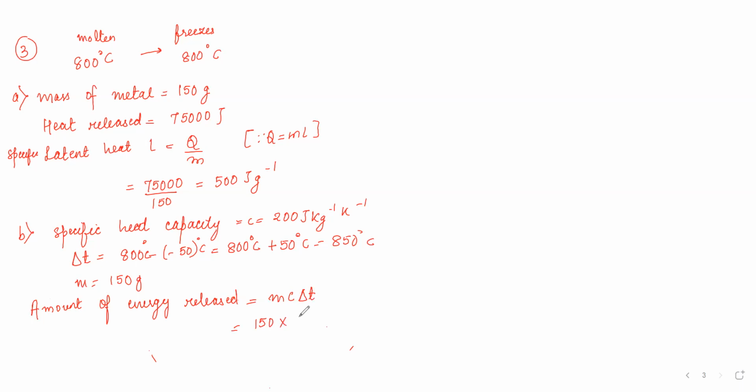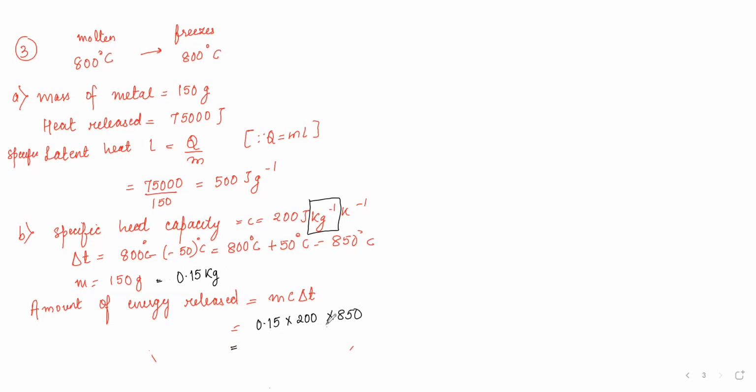Okay children, here you need to see that the specific heat capacity has been given per kg, so we need to convert grams into kg. So this is 0.15 kg. So write down 0.15 into 200 into 850.